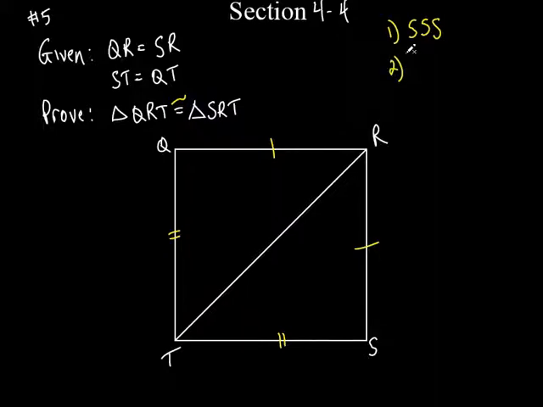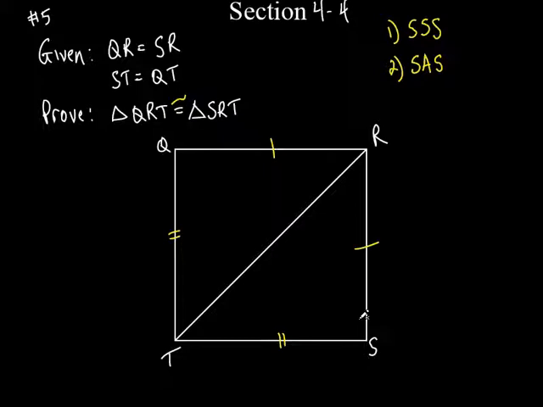We also learned a second way. What was our second way? Side, angle, side. Okay, so those are 2 ways. We have those 2 choices right here, but we need to figure out something else. Do I have all 3 sides of this triangle equaling all 3 sides of this triangle yet? No, I don't. I got 2 sides. Do I have an angle? Do I know that angle Q equals angle S from this picture?